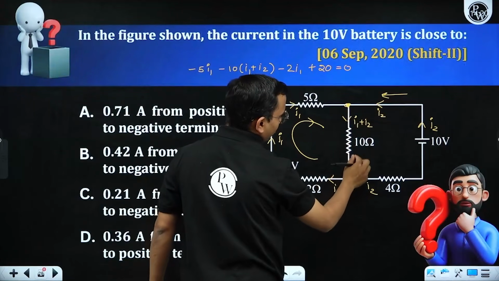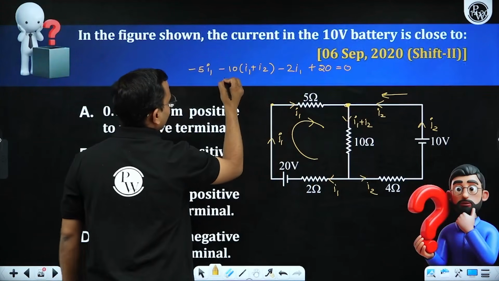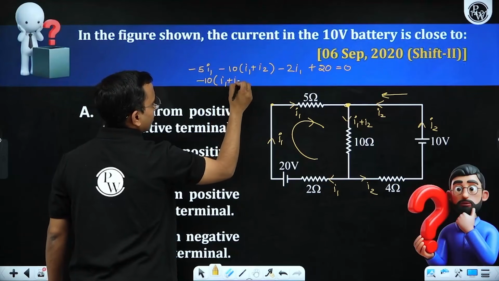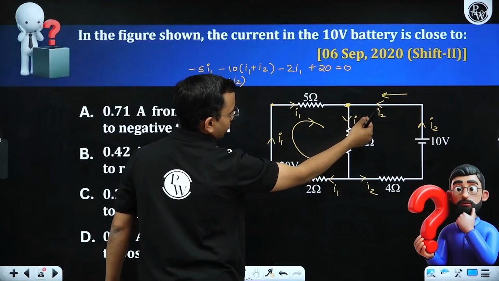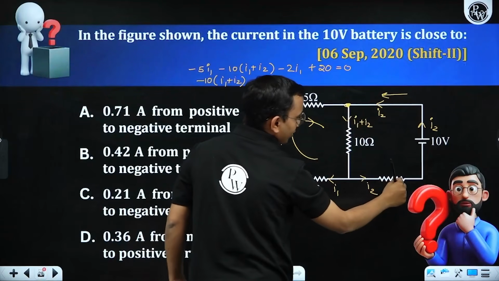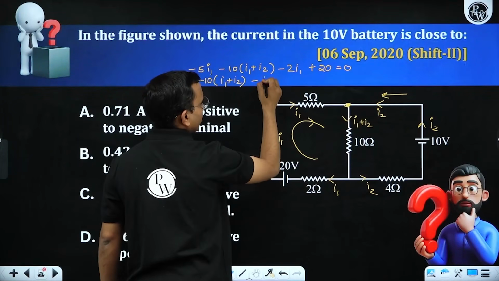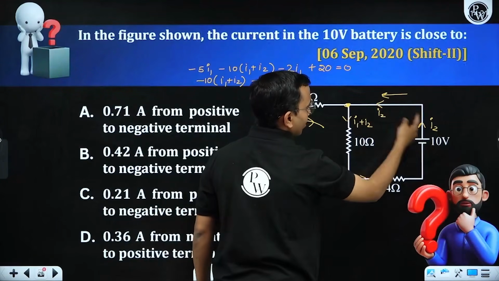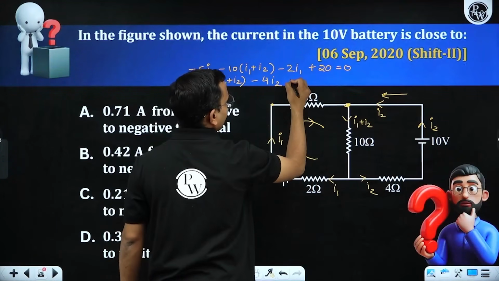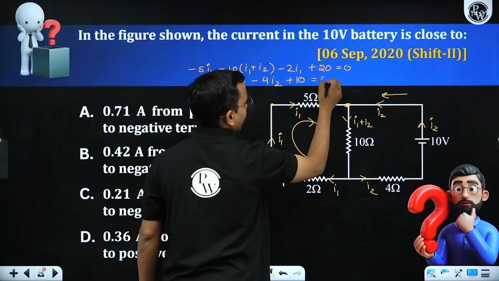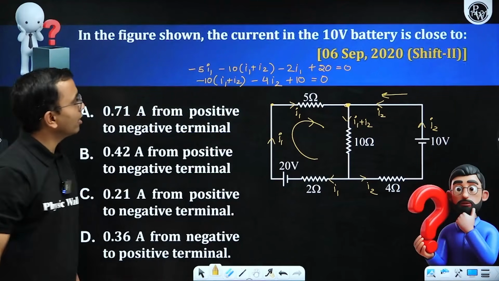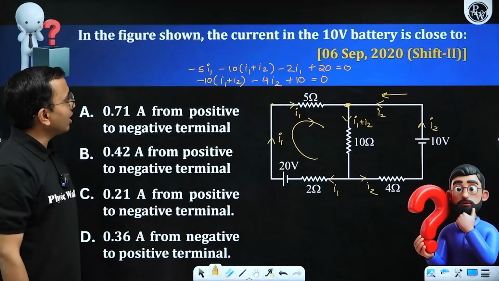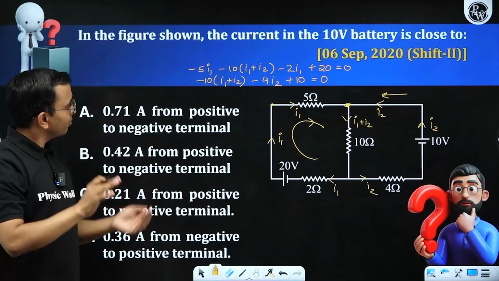First drop: minus 10 (I1 plus I2), then minus 4 I2, then we have plus 10, and this is equal to 0. Two equations and two variables, I1 and I2. We can very easily solve it.